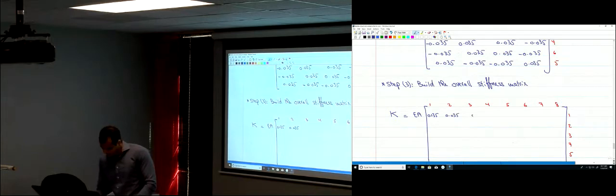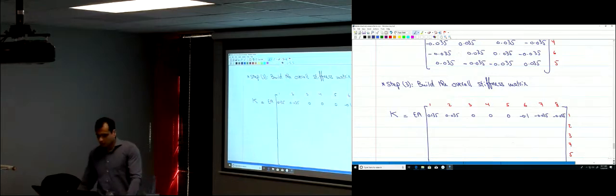0.035, 0, 0, 0, negative 0.1, negative 0.035, negative 0.035. And that's going to be identical to the first column.